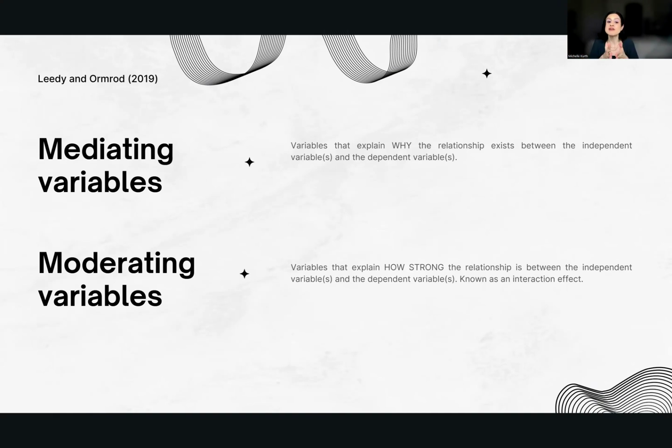So that moderating variable tells you at each level of that variable how strong or weak that relationship is. Now, for a mediating variable, I could do the same thing. I could say, does emotional intelligence actually explain why this relationship exists between emotional labor and burnout?